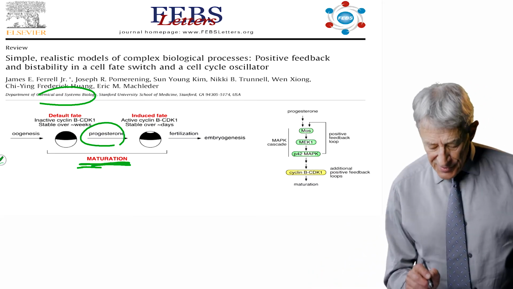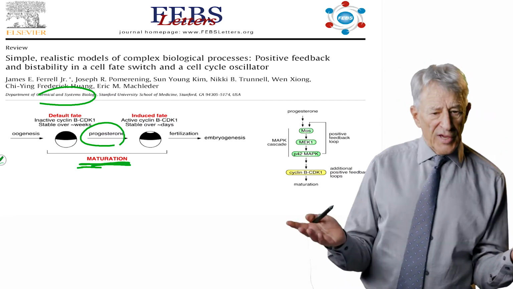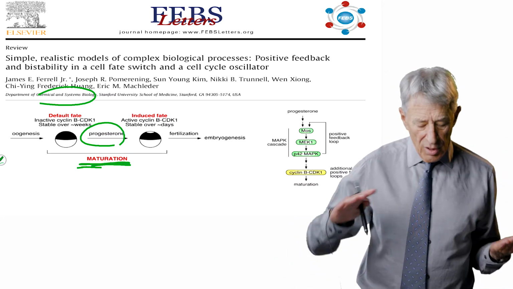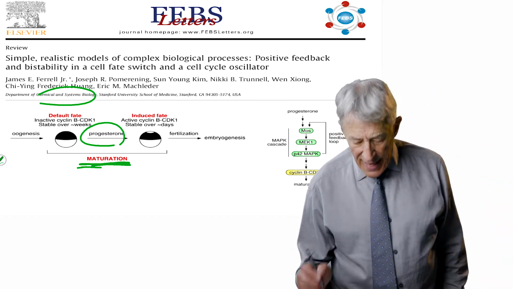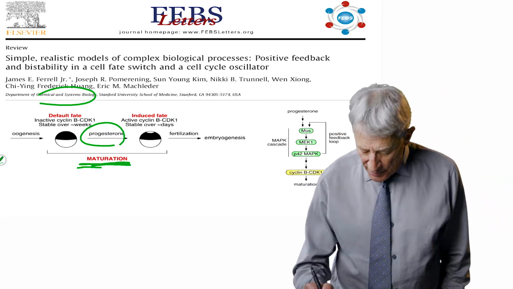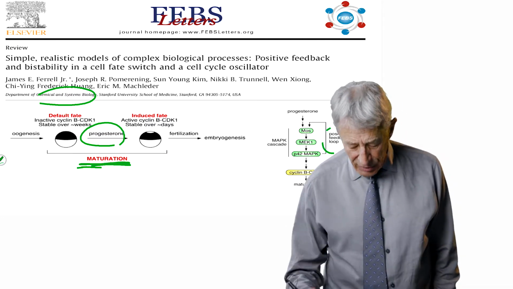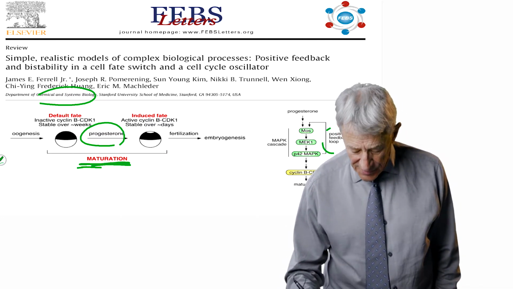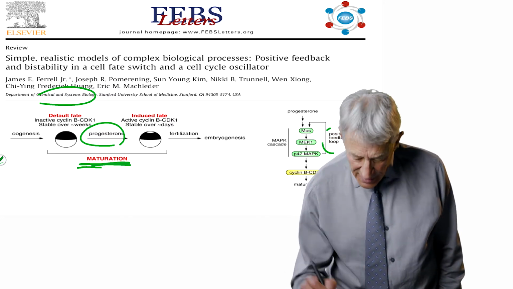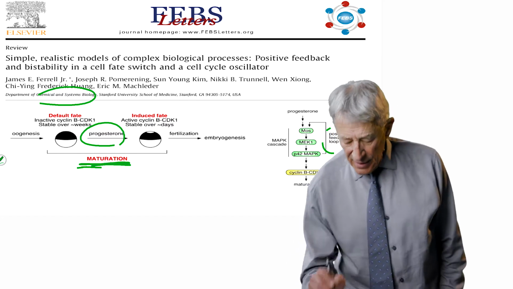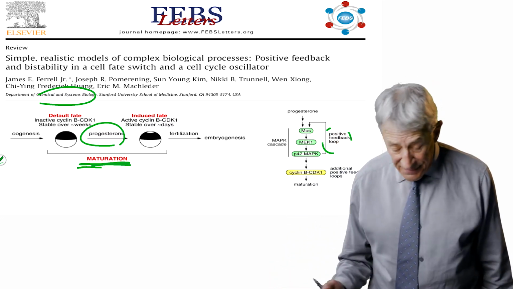And so in the presence of progesterone, you go from immature oocyte to mature oocyte. So Farrell is actually able, just like in the other paper, to state what the positive feedback loop is. He knows the names of the players. He knows that P42 MAP kinase feeds back positively onto MOS, and that is a positive feedback loop.